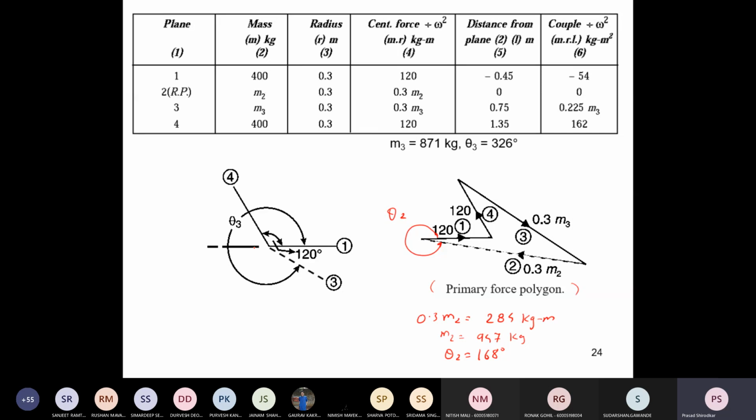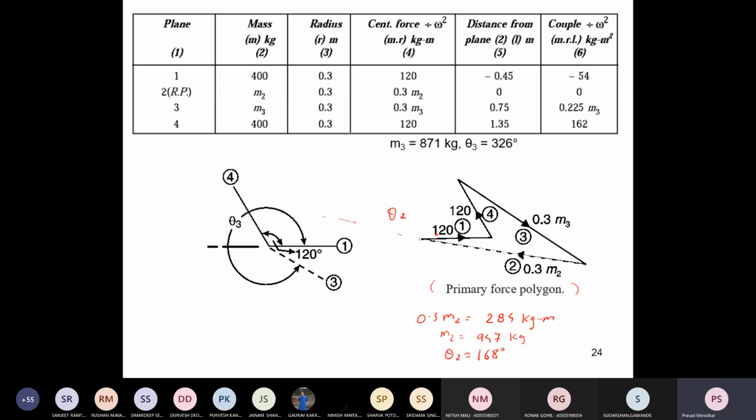Okay. So construct theta 2. I'm sorry, not this way. You have to extend this line of action and measure it, because the line of action of this vector is upwards.